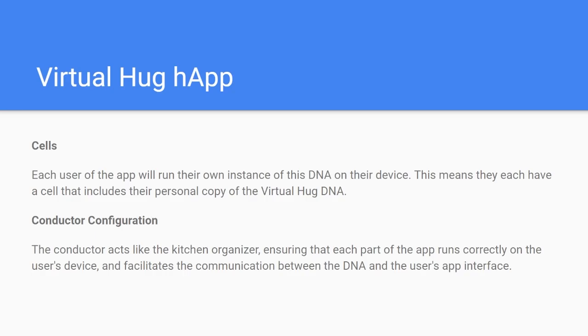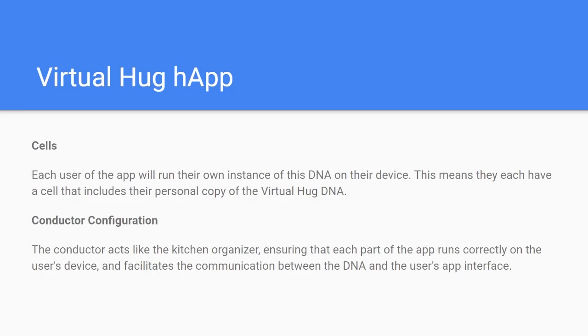So in the virtual hug app, each user of the app will run their own instance of this DNA on their device. This means they each have a cell that includes their personal copy of the virtual hug DNA. So a cell is like a user, basically, and you can have multiple users for a single application.